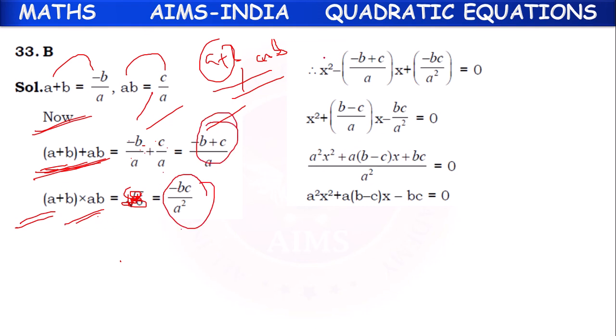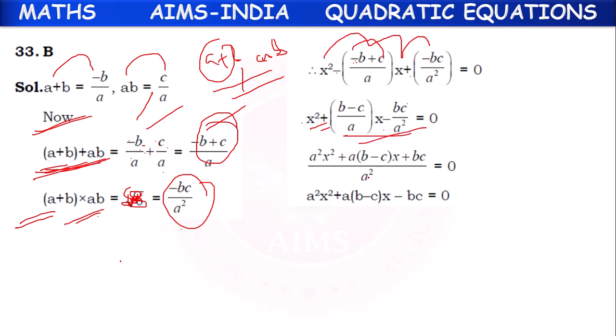Now the equation is x square minus sum of roots into x plus product of roots. The minus will come outside, signs will change inside. Minus outside means it becomes plus, and inside signs change, so it becomes b minus c by a. This minus will come outside, minus bc by a square.